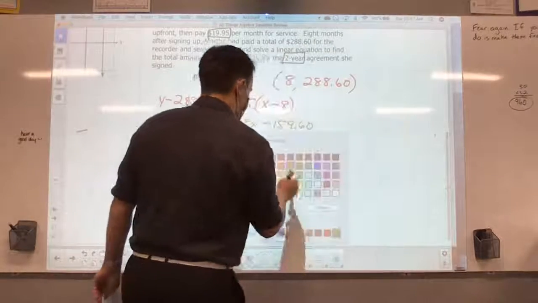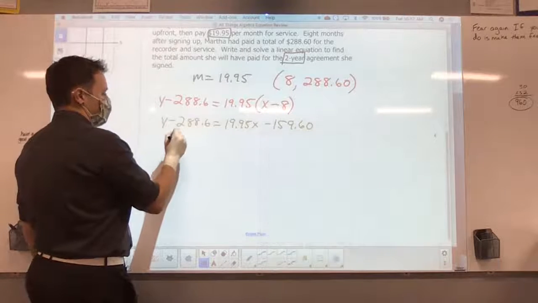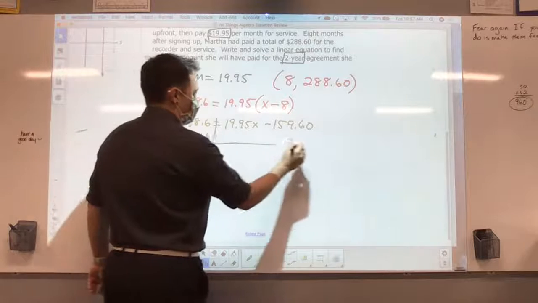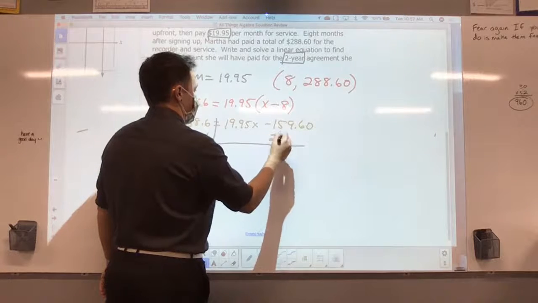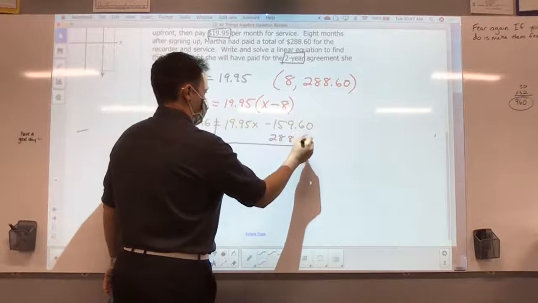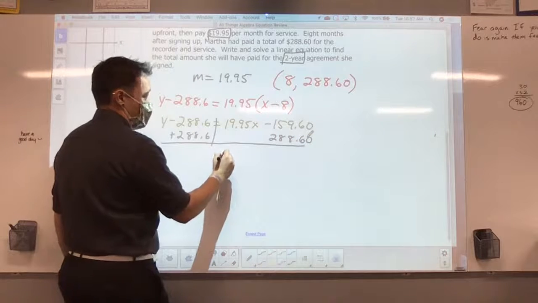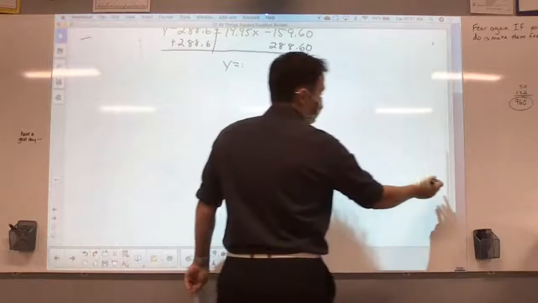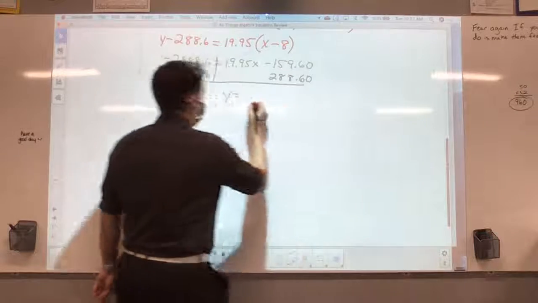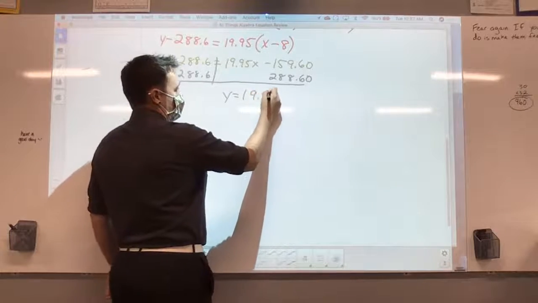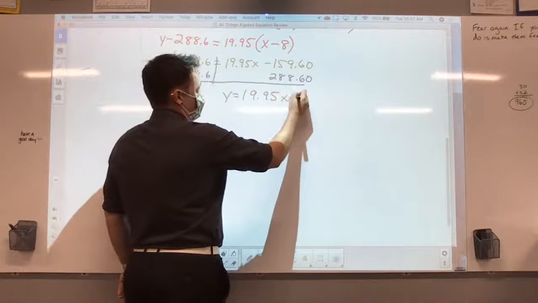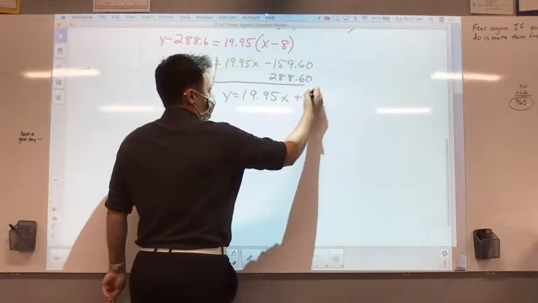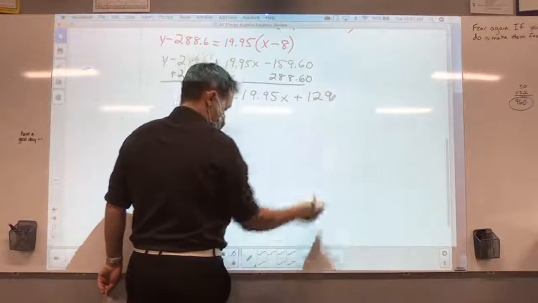Now, here's where I've got to make sure you understand. Some of you messed up again on the test. All right, so my equation comes out to be y equals, I'm going to extend it and I'll bring it back, 19.95x plus 129.